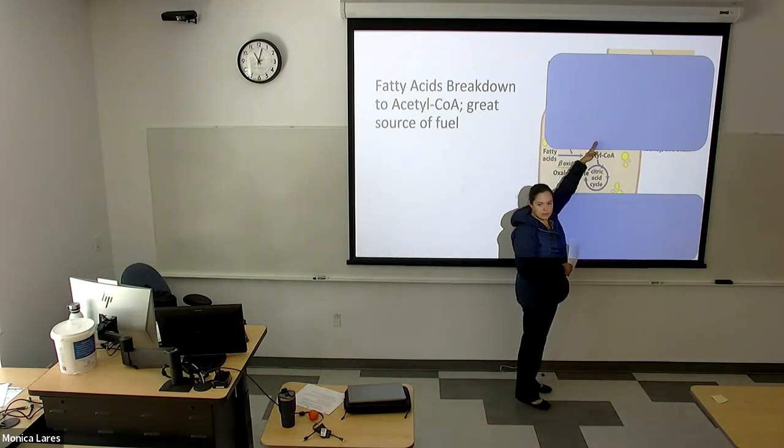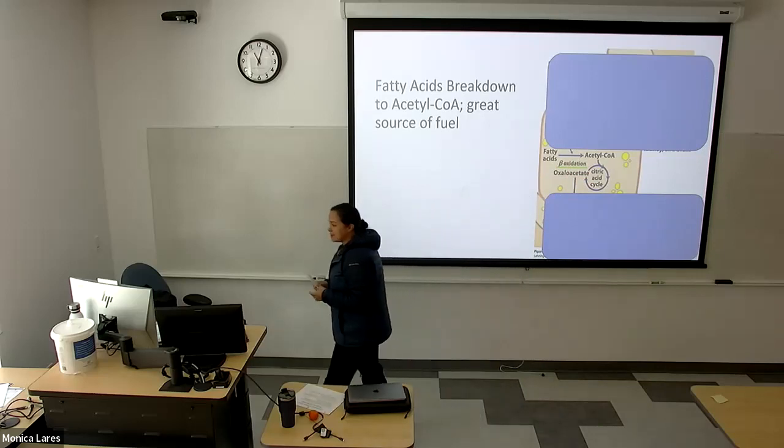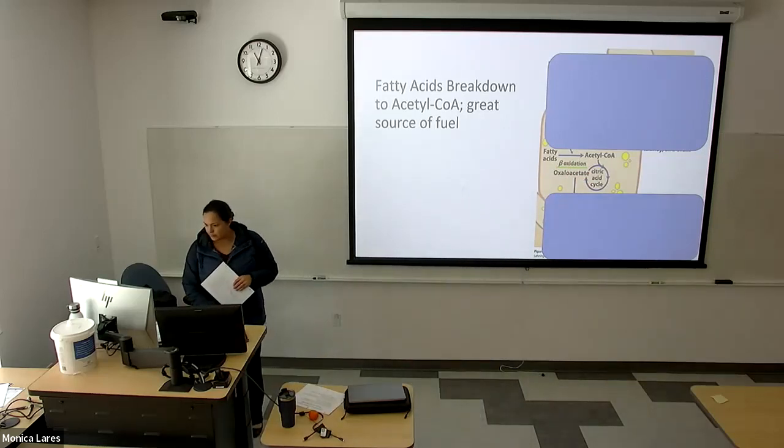We saw pyruvate goes through the pyruvate dehydrogenase complex and makes that acetyl-CoA. But we said at the very beginning that acetyl-CoA could come from fatty acids, and that process is beta oxidation. That is fatty acid metabolism.